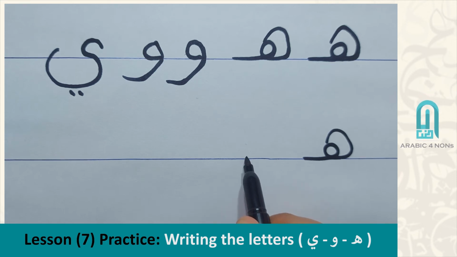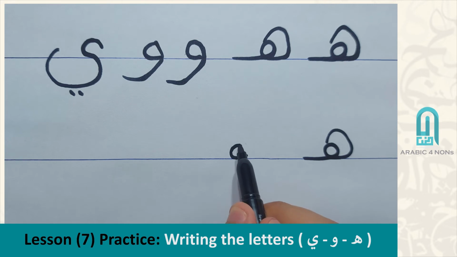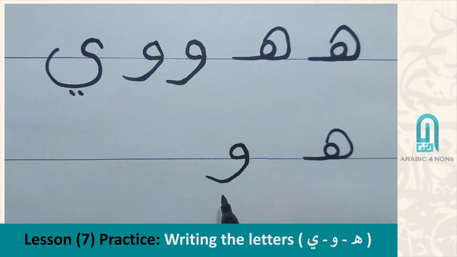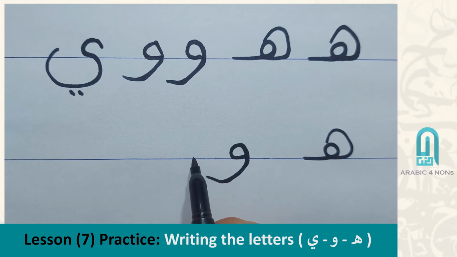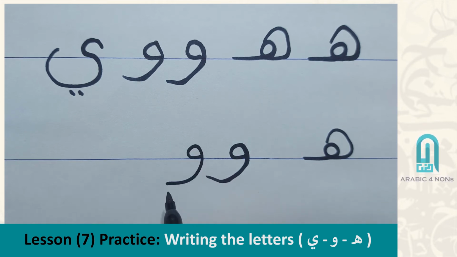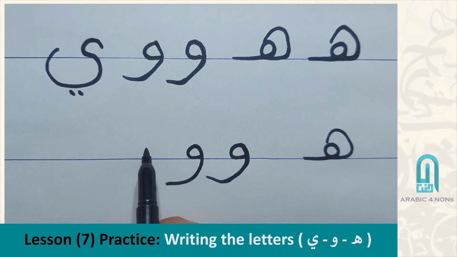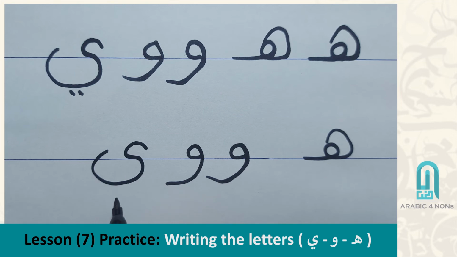I will do 1 cycle clockwise and then 2 sloped line like this. Some people do it 1 cycle and 1 curve like this, which is also okay. The last letter in Arabic, letter ya, a duck and 2 dots below like this.